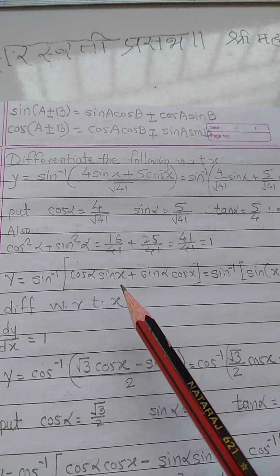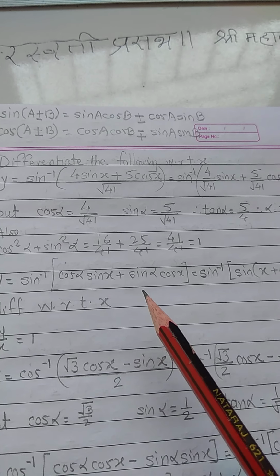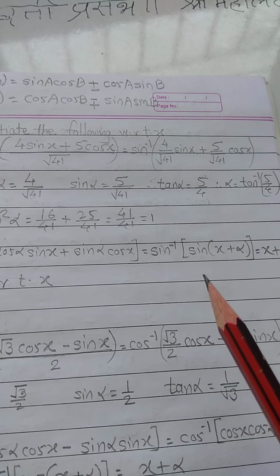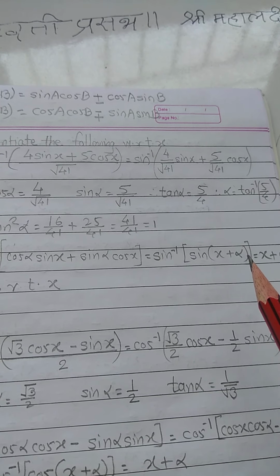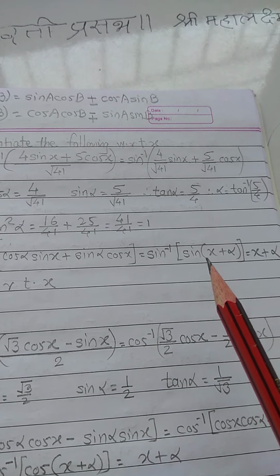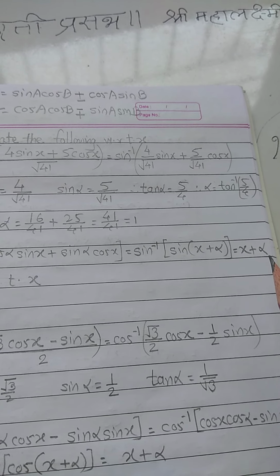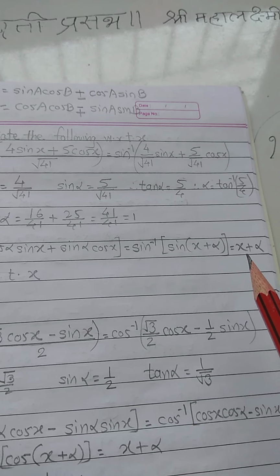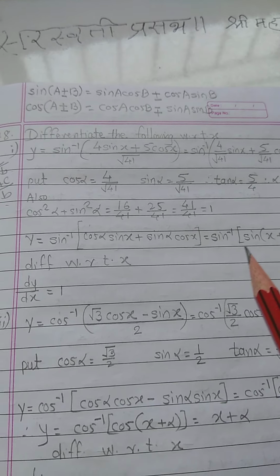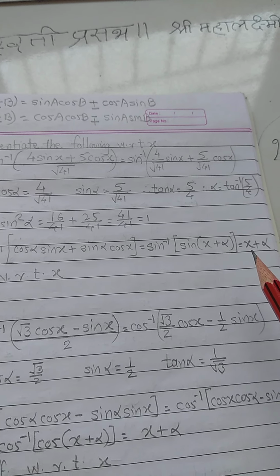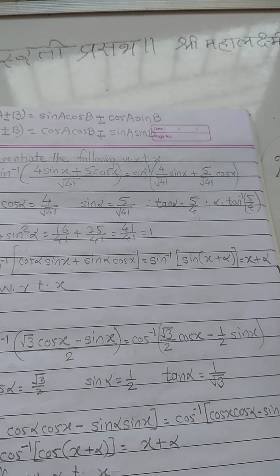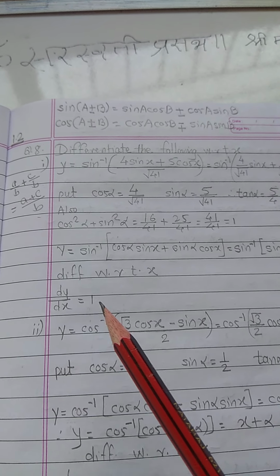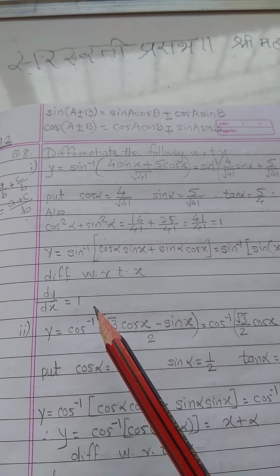Similarly here, sin x cos alpha plus cos x sin alpha will give you sine of x plus alpha. Now sine inverse of sine of theta is always theta, and therefore sine inverse of sine of x plus alpha will give you x plus alpha. Differentiating with respect to x, we will have derivative of x as 1 and derivative of alpha, which is constant, is 0. So dy by dx is equal to 1.